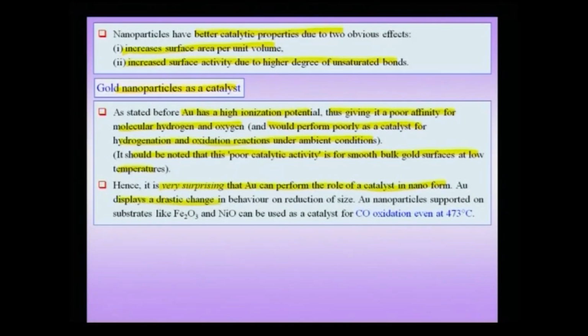Gold displays a drastic change in behavior on reduction of size. Gold nanoparticles supported on substrates like Fe2O3 and NiO can be used as a catalyst for CO oxidation even at low temperatures like 473 degrees Celsius. So, the observation is that gold, which is not a bulk catalyst, can actually be used as a catalyst in nanoform. Needless to say, we have already noted before that these gold nanoparticles cannot be kept in touch with each other, or they will tend to coagulate.